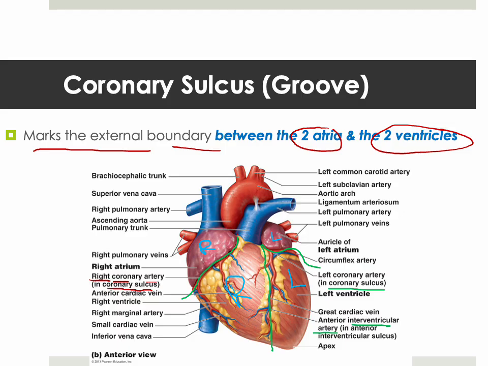So we have one of the sulci that divides these two, another sulcus that divides this atrium from this ventricle, but then we have an interventricular sulcus between these two because there are two ventricles here, right? A little bit of review. We have the base of the heart and the apex of the heart, okay? Left side, right side, okay?